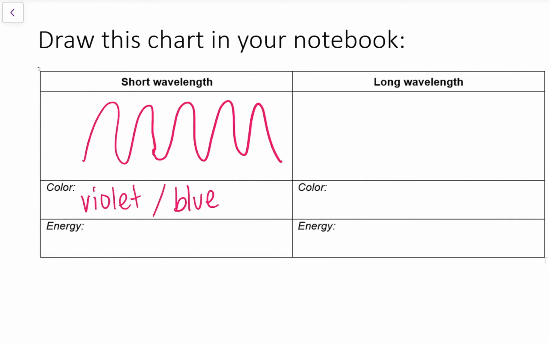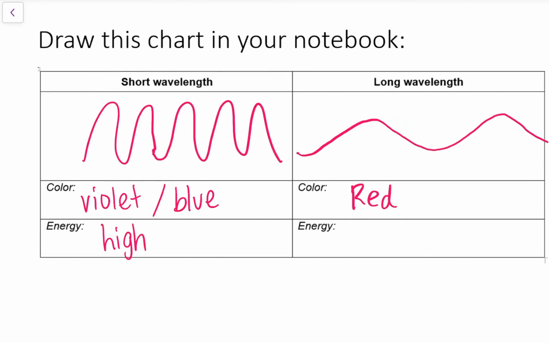And here, short wavelengths have high energy. High energy for short wavelengths. For our longer wavelengths, there's much less space between two waves, so it's long and short. Long wavelengths are associated with the red color, and radiation that has a long wavelength has low energy.